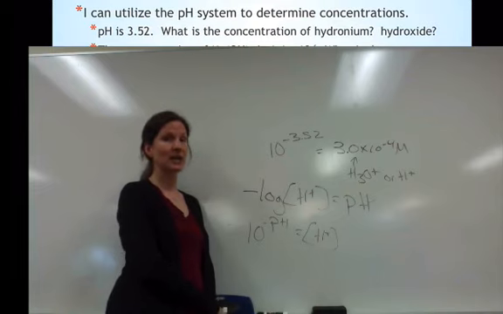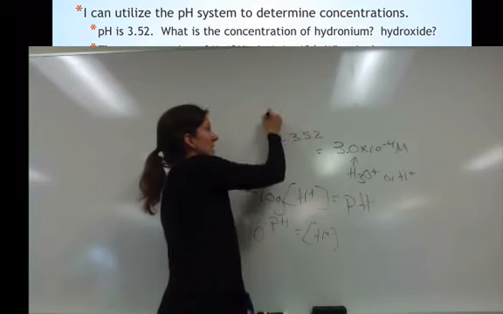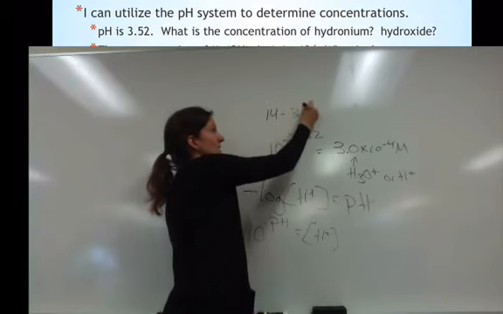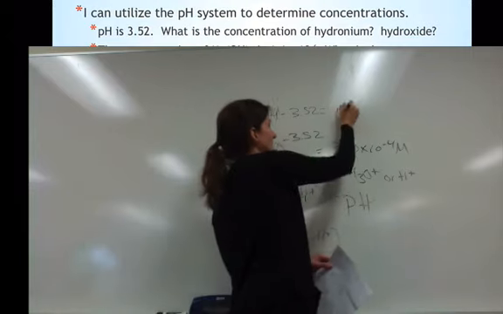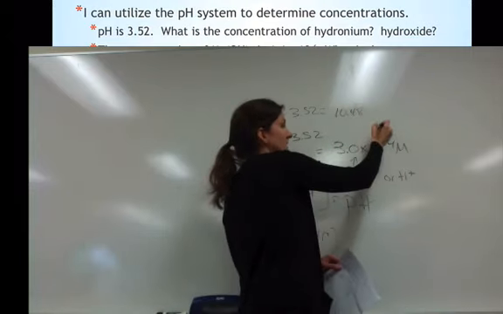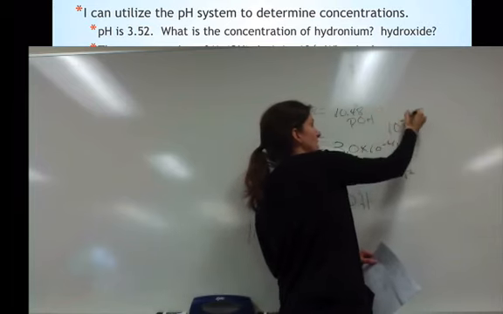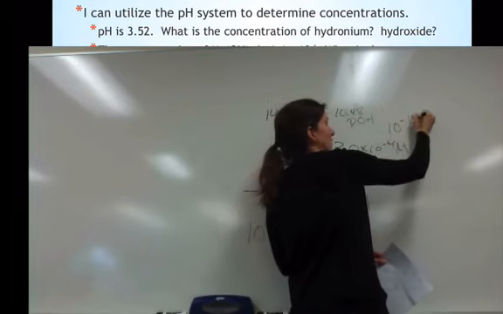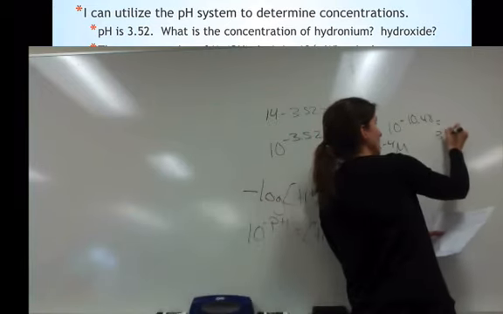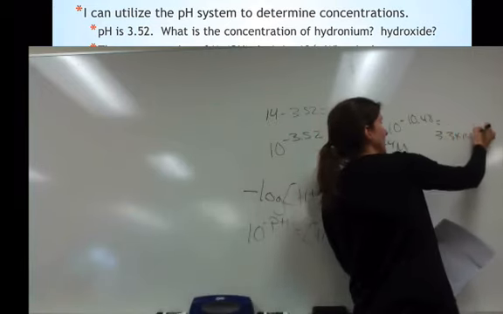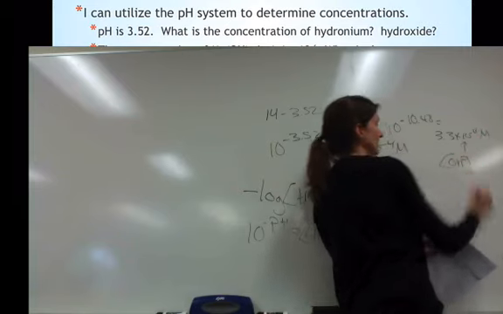What a lot of you like to do is go, okay, if this is my pH, if I go 14 minus my pH, that gives me my POH of 10.48. So that's my POH. Now if I go 10 to negative POH, that will get me OH out. Okay, so that will get me 3.3 times 10 to the negative 11, and that is concentration of OH.